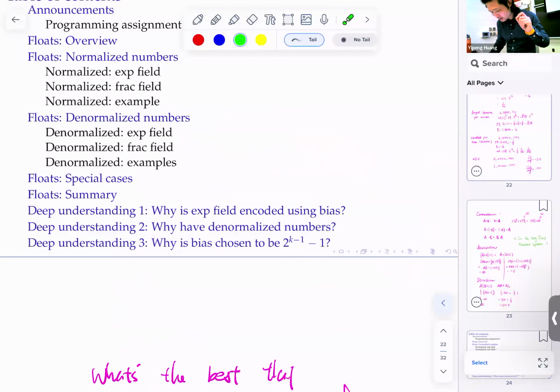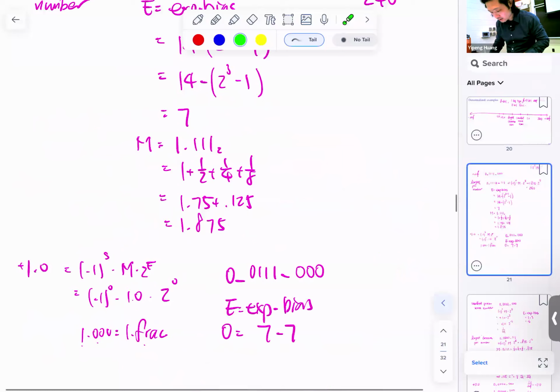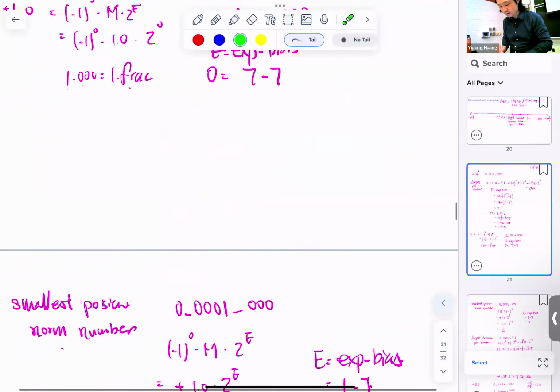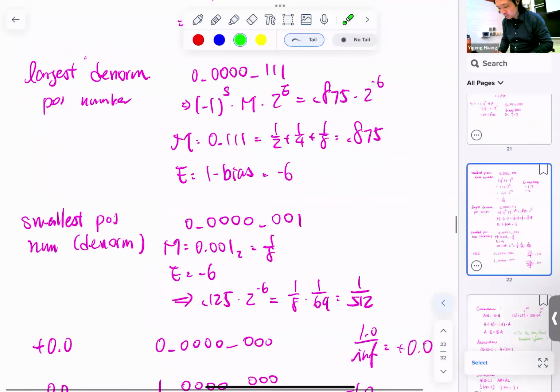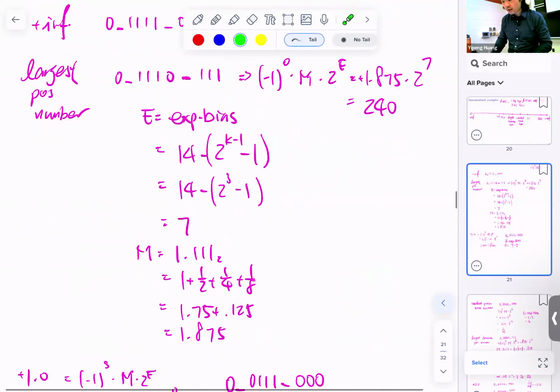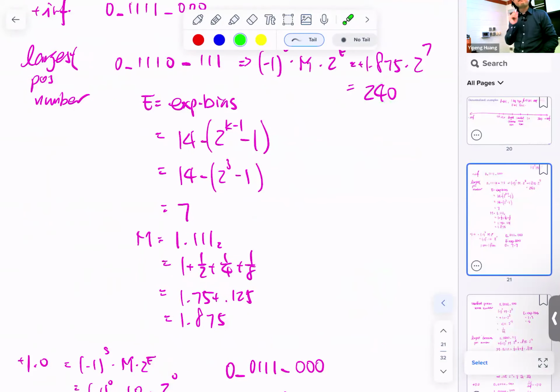We illustrated this here where we showed that the multiplicative inverse of 240 can be represented, and we make a choice of what cannot be represented. When you take a denormalized number and inverse this, that's fine. We might not be able to represent that, but any normalized number can always take the inverse, and that's why bias is chosen to be the rule that it is. All right, so we'll just close that out, and that's that.